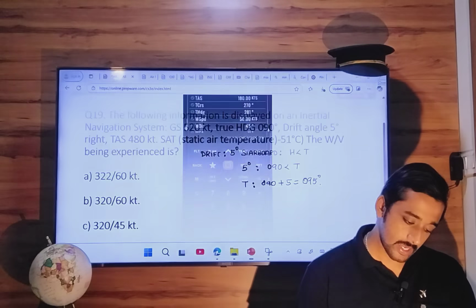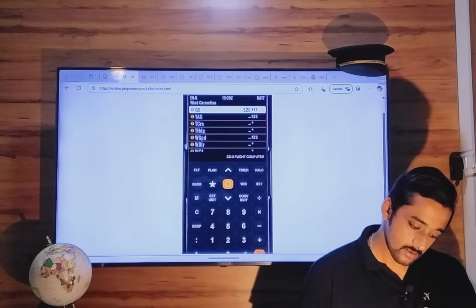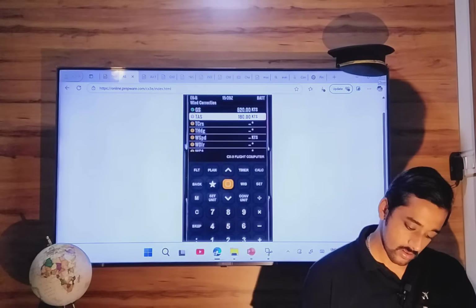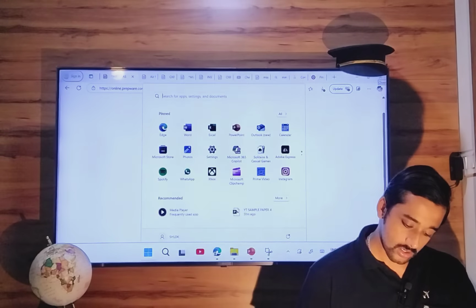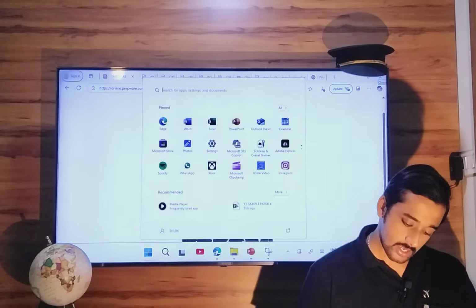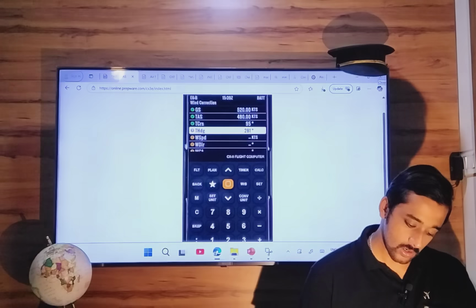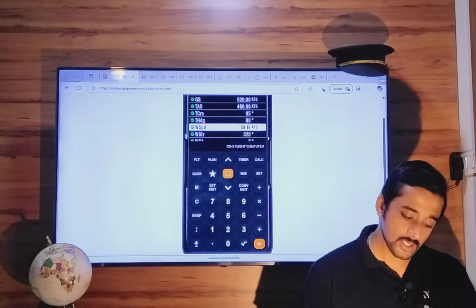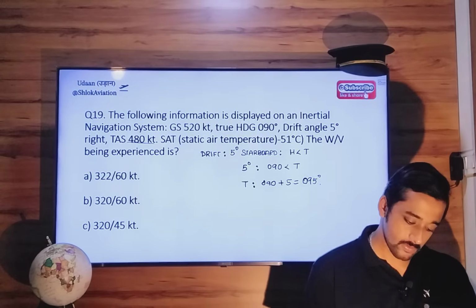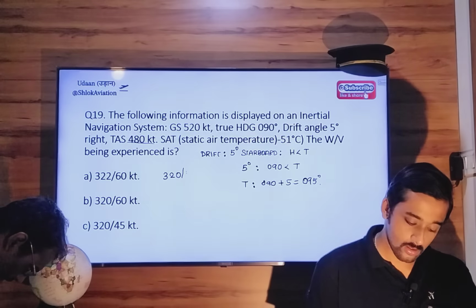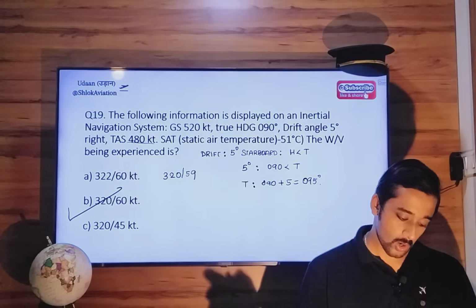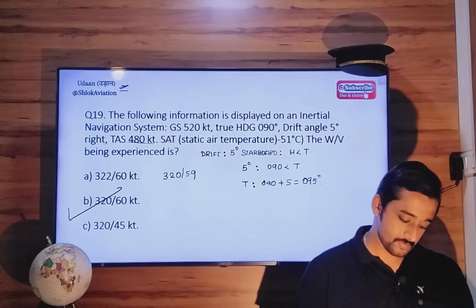Ground speed 520. TAS 480. True course 095. Heading 090. So winds will be 320 degree at 59 knots. Option Bravo is the closest option.